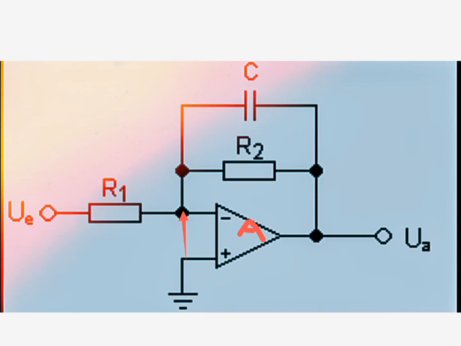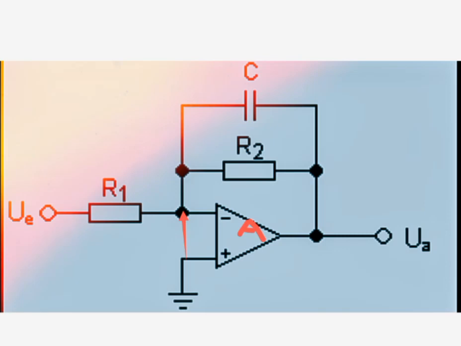If the frequency is very small compared to the pole frequency offered by the combination of R2 and C, the impedance of the capacitor is huge, ideally infinite, because capacitor impedance is inversely proportional to the frequency. So if the frequency of the applied input signal is very low, the capacitor acts as an open circuit because its impedance is practically very high.